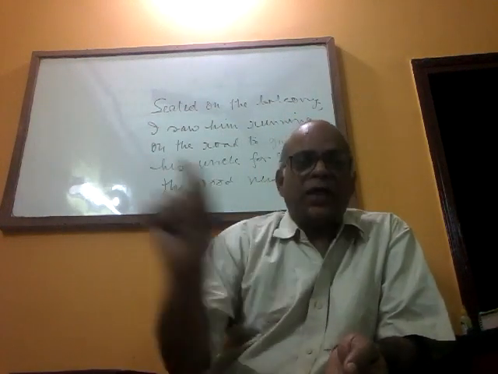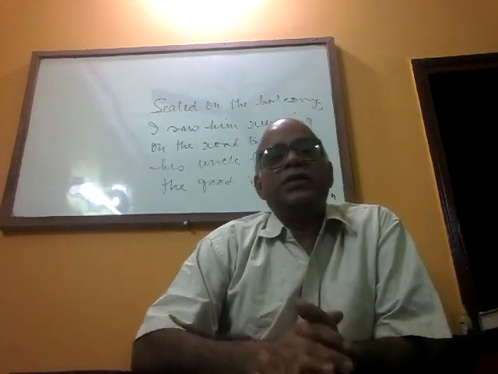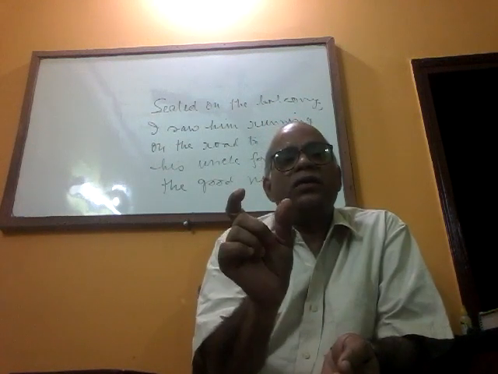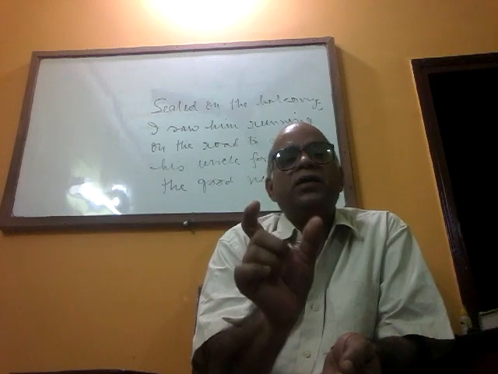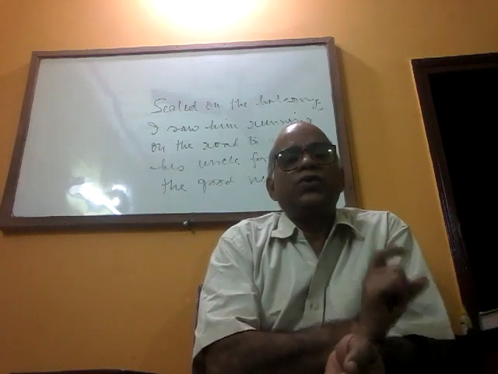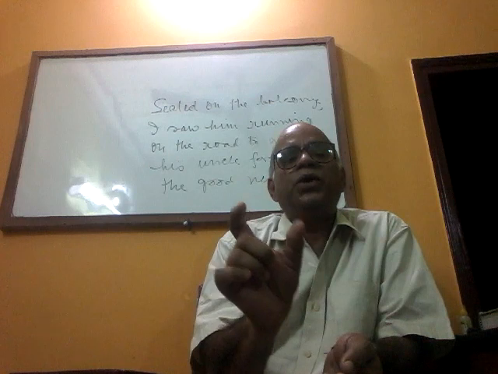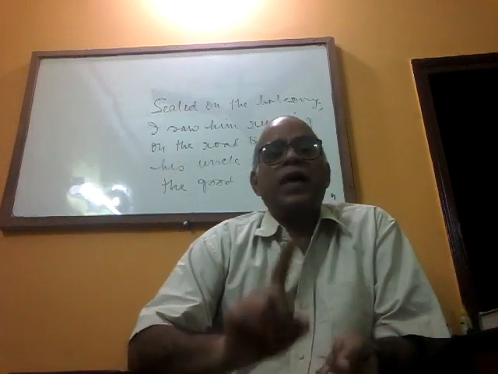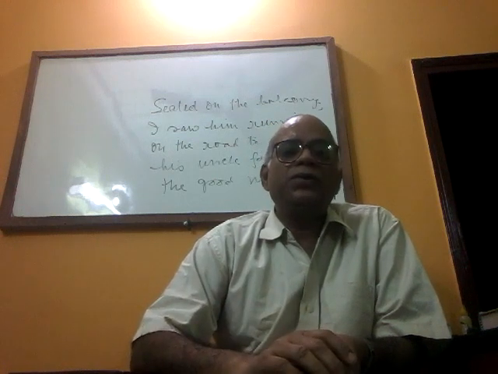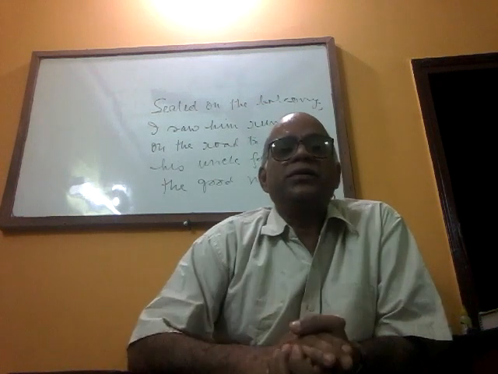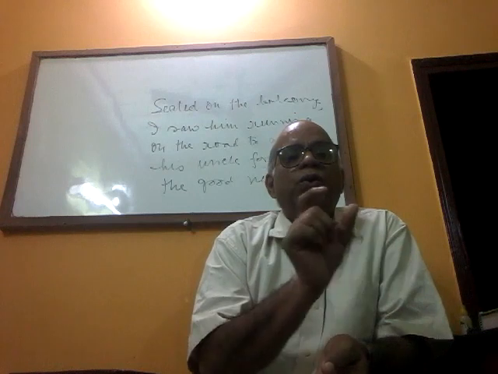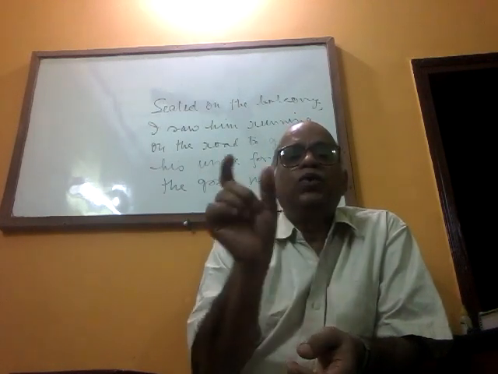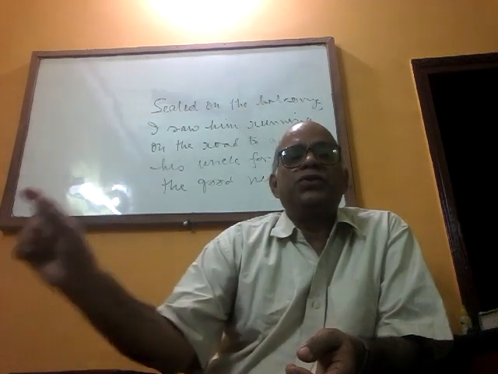Now if I use the extended form, we know that Riya is a good girl. We know is the principal clause. That Riya is a good girl is functioning as the object to the verb know, and a word which functions as the object to the verb, we call a noun. So that Riya is a good girl becomes a noun clause. So the entire sentence can be analyzed this way: we know that Riya is a good girl whom everybody loves because she is truthful.